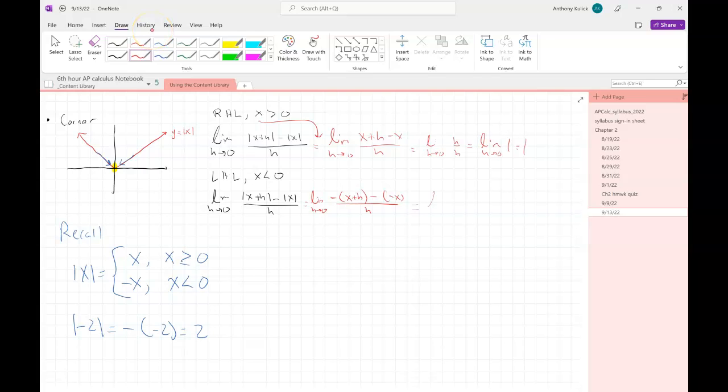Anyways, if I do that, almost the same thing happens, except what do you notice about my h here? It's negative, yeah.